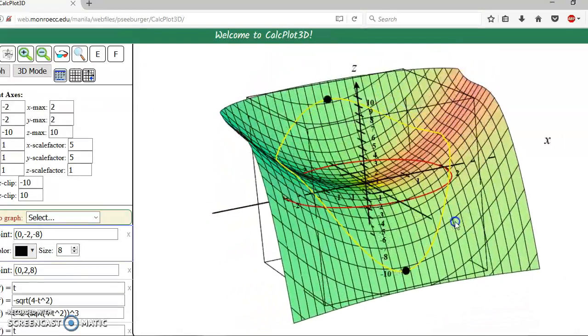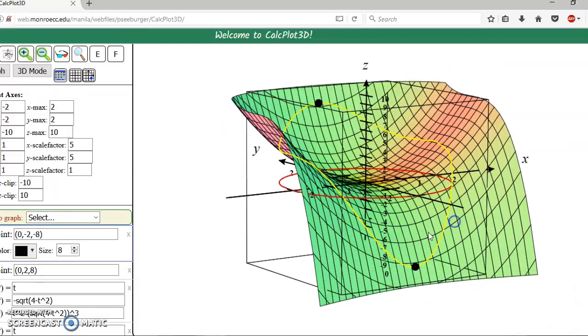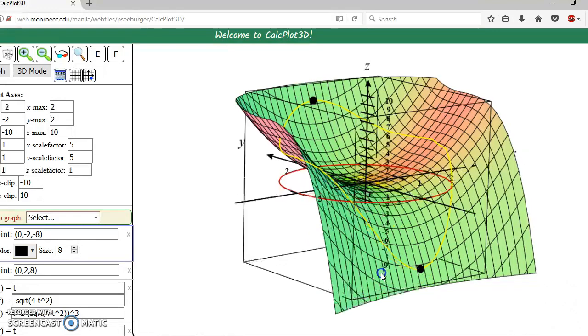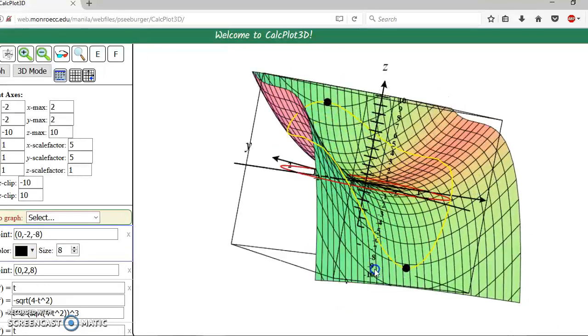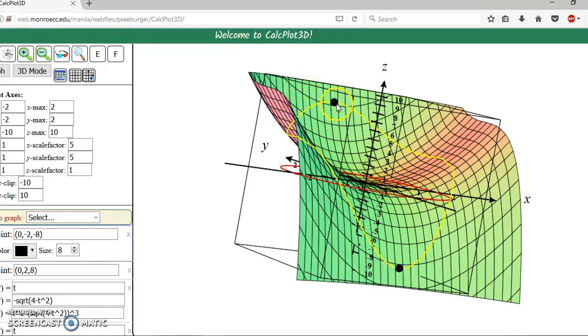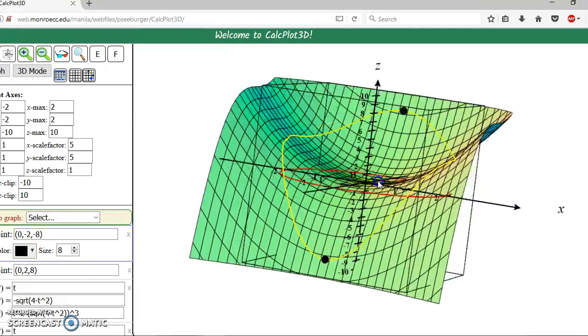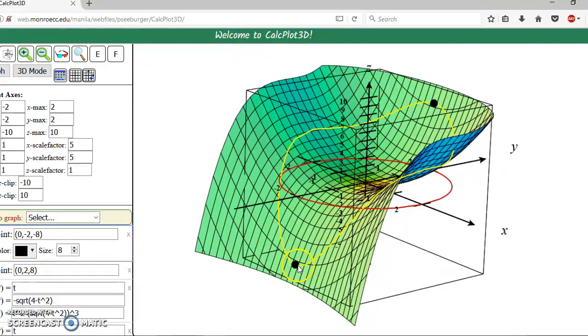So you can see on this side we do get a highest point, and down here we get a lowest point for this surface. Kind of looks like a chair of some sort. And this is the point that we'd found earlier. This is 0, positive 2, positive 8. Maybe if I turn it this way. And this is 0, negative 2, negative 8.